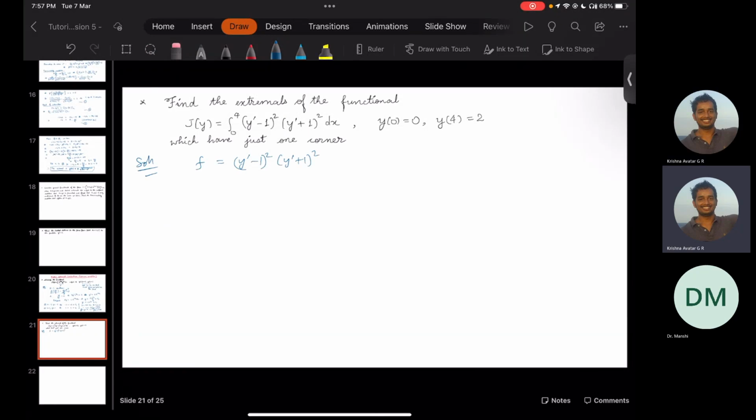This problem doesn't have any term containing y explicitly, and there is no term even containing x. But still, let's just use the Beltrami identity.